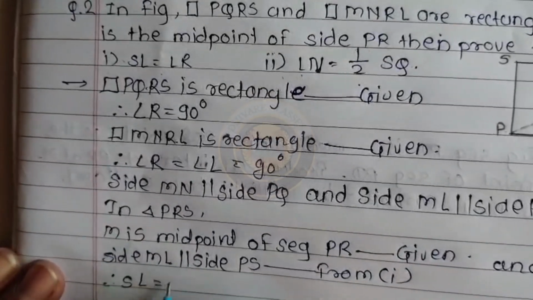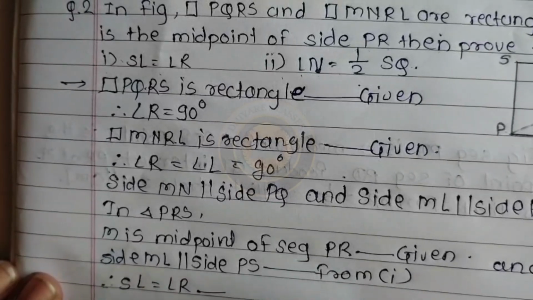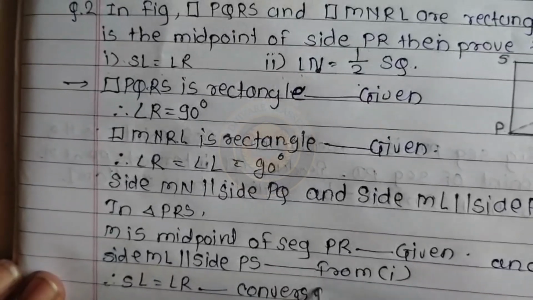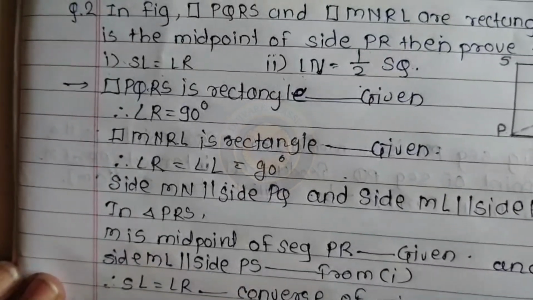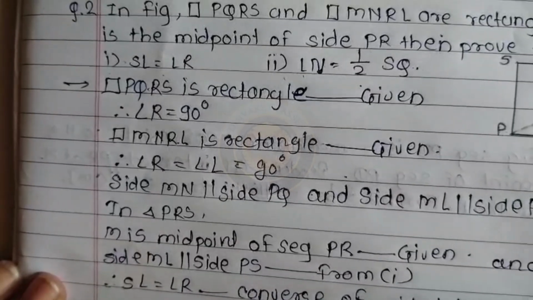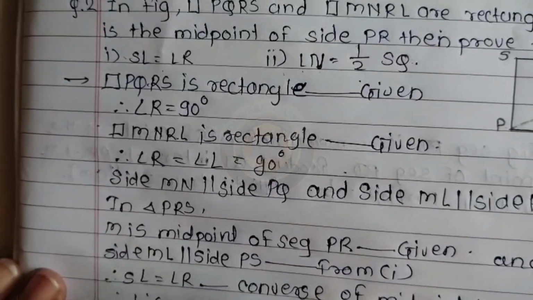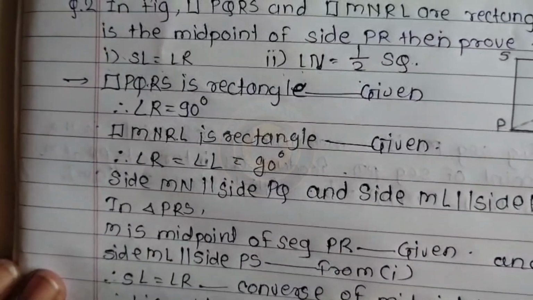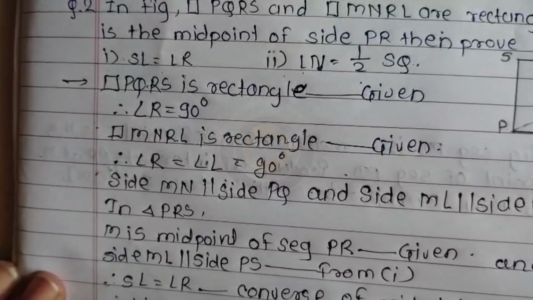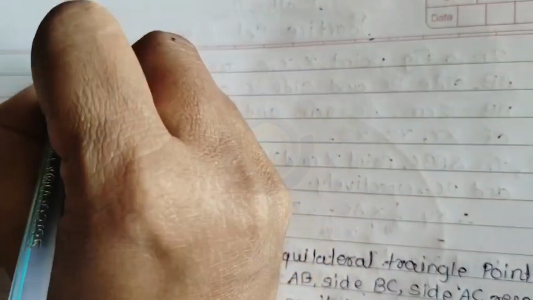Therefore SL is equal to LR, converse of midpoint theorem. Therefore L is midpoint of side SR. This is second equation.